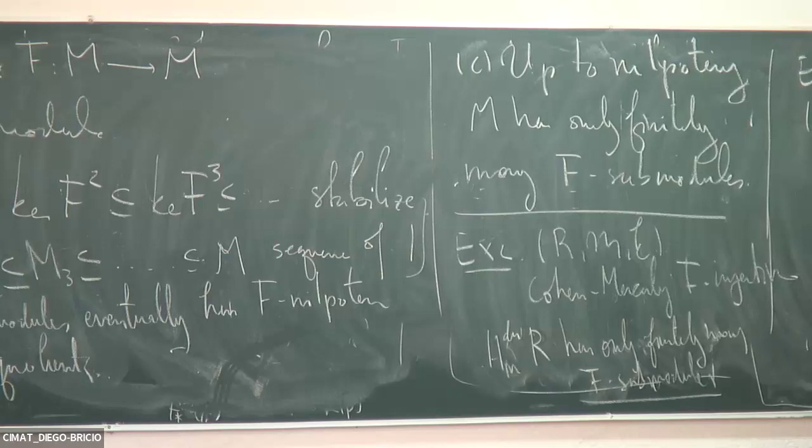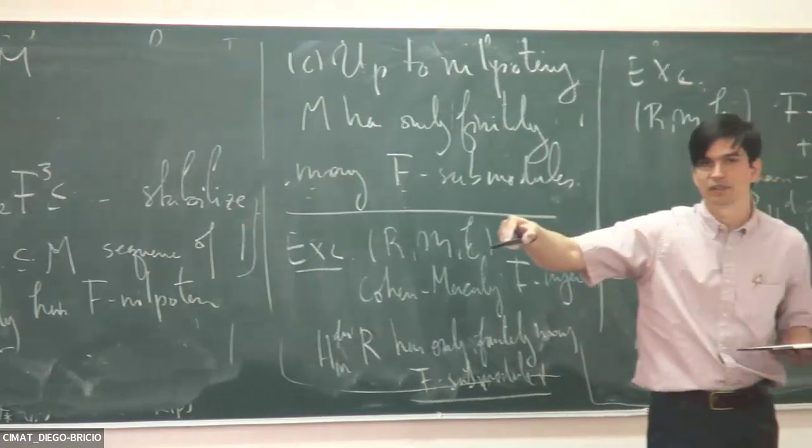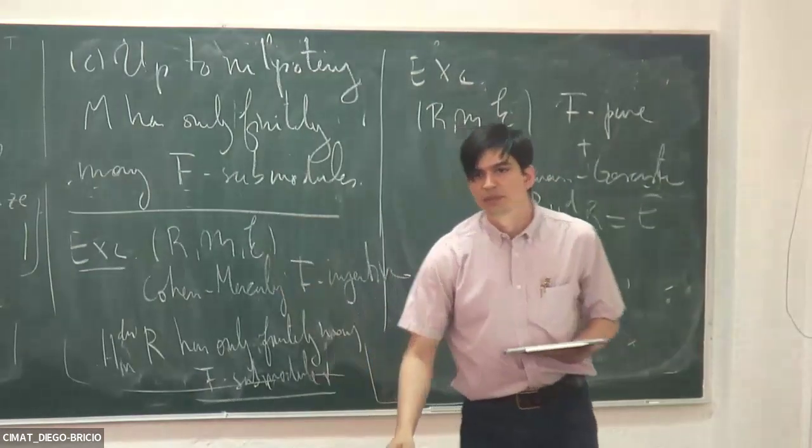I don't think I have defined this before, but let me do it right now. Quasi-Gorenstein means that the top local cohomology is just the residue field. So therefore Gorenstein means quasi-Gorenstein plus Cohen-Macaulay. So quasi-Gorenstein is just Gorenstein, but without the Cohen-Macaulay hypothesis.